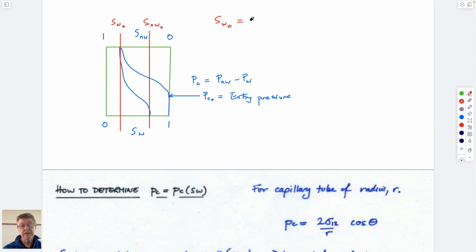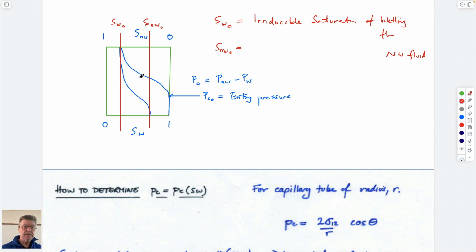SW0 equals the irreducible saturation of water, of the actually wetting fluid. And SNW0 is the irreducible saturation of the non-wetting fluid. And those kind of define the ordinates of our figure.